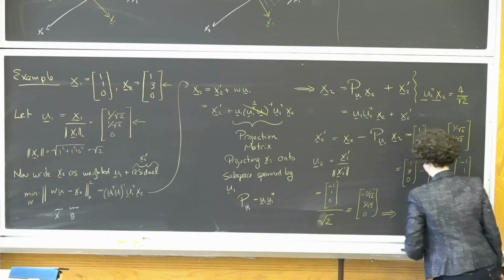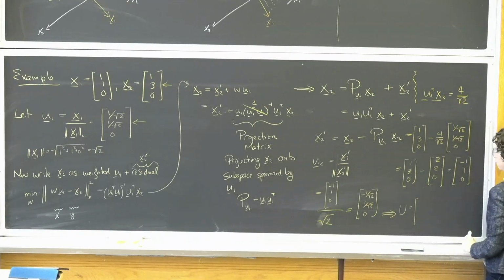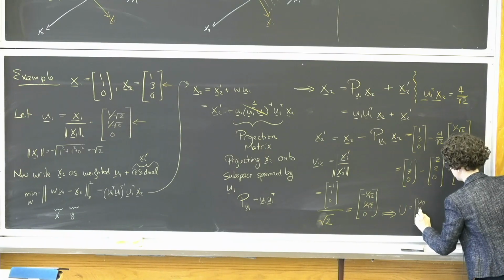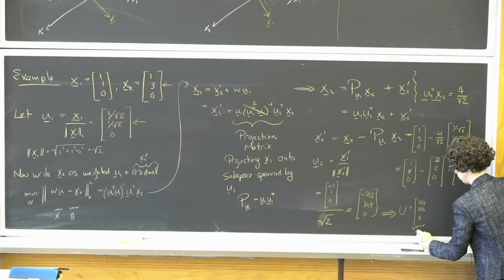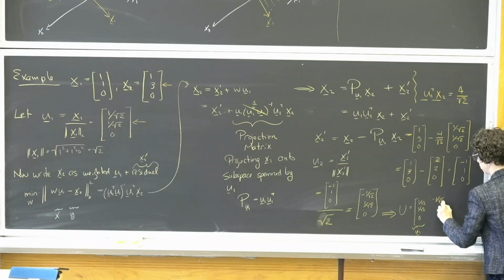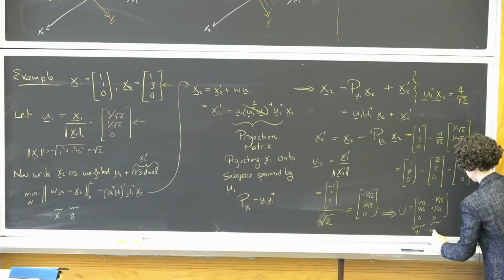And so my final answer here is that my basis u has got a first basis vector of 1 over root 2, 1 over root 2, 0. So this was what we called u1 here. And then my second basis vector is negative 1 over root 2, 1 over root 2, and 0. And this is my u2 vector.